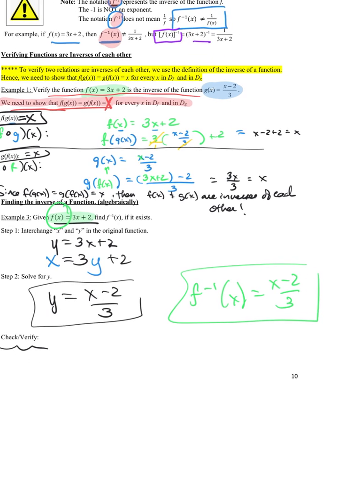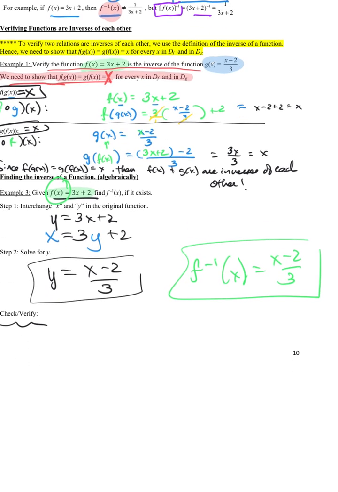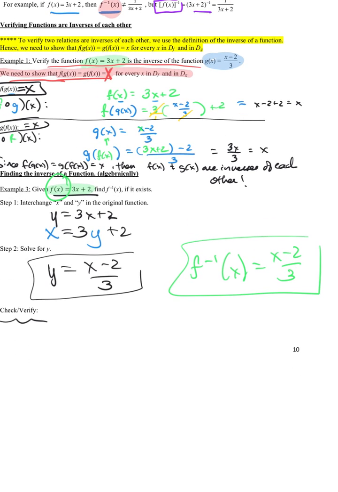How could we verify? We could take the inverse of that and see if we get the original function. What else could we do? That is correct. We could show that the composition in both orders of those given functions equal x. Yep.